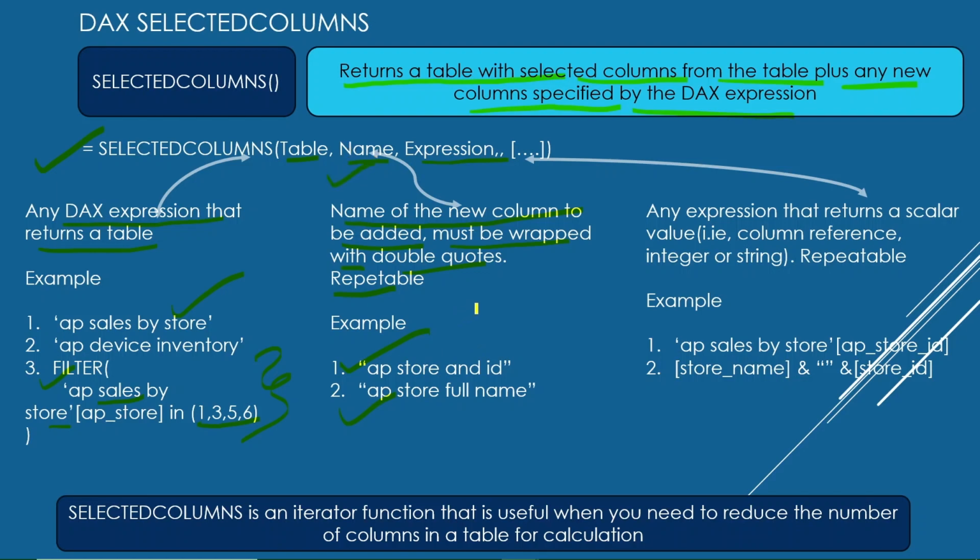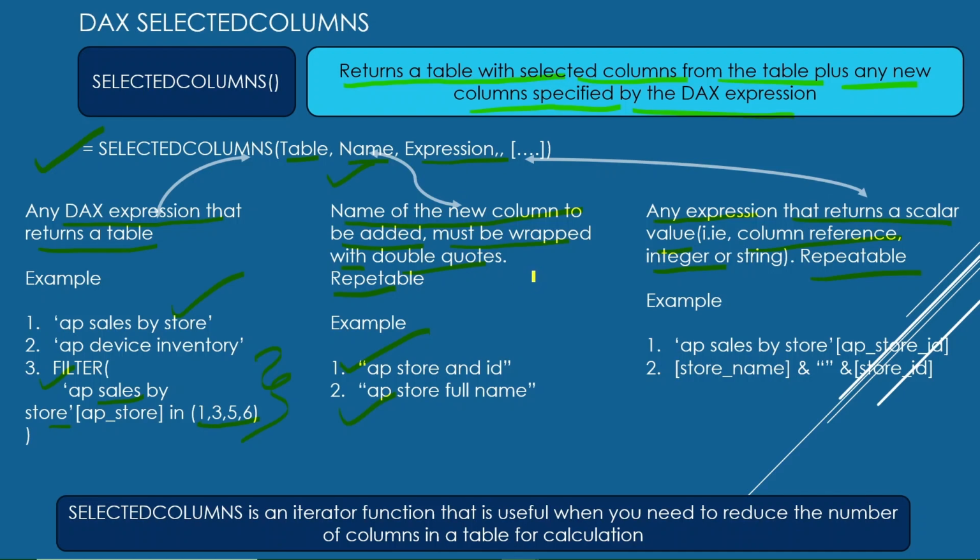Now let's discuss the expression. It is any expression that returns a scalar value, column reference, integer or string. So suppose here we have provided the name of the column, right? But we have to provide a certain value in the newly created column. With the help of an expression, we can do it.